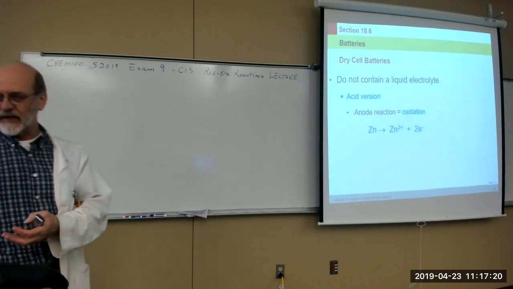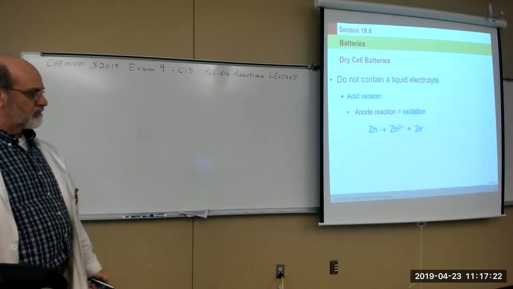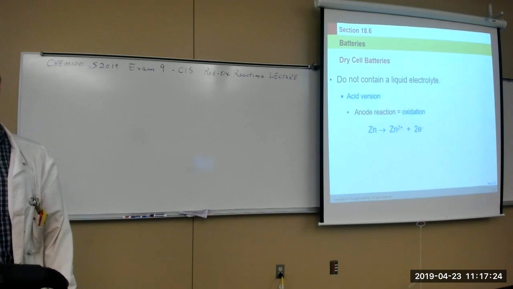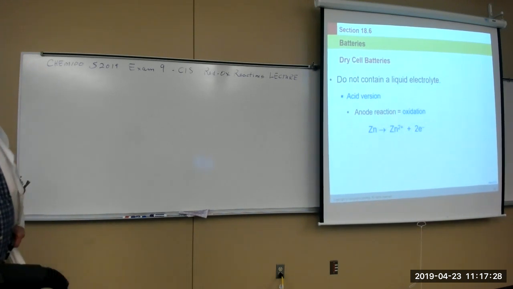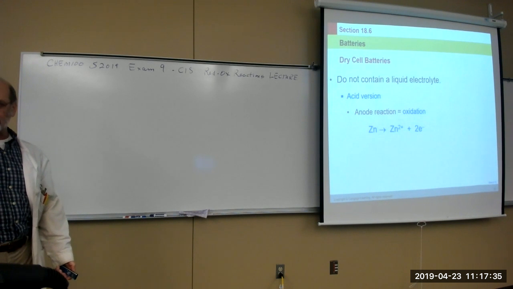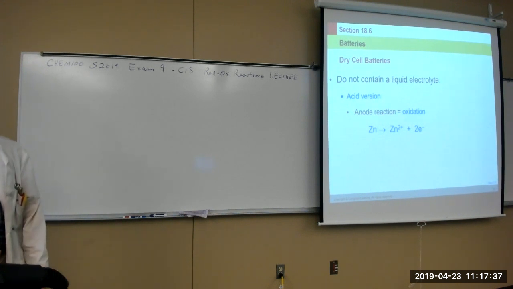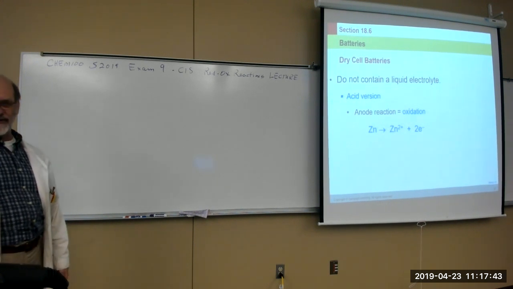So they call them dry cells because you can't spill them. They're sealed. And most of them are not rechargeable. They do make dry cells that are rechargeable, but I've used that system and they're good for maybe 50 recharges, so they're hardly worth it.